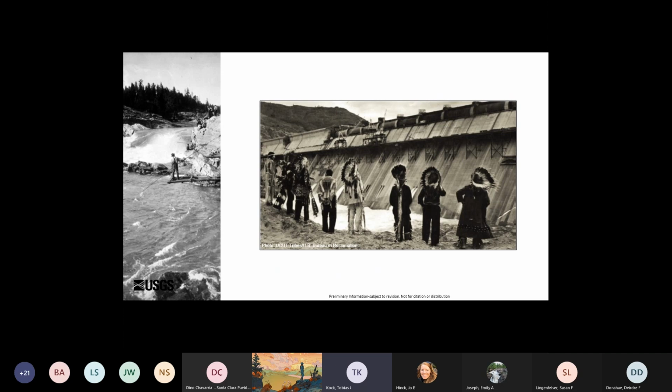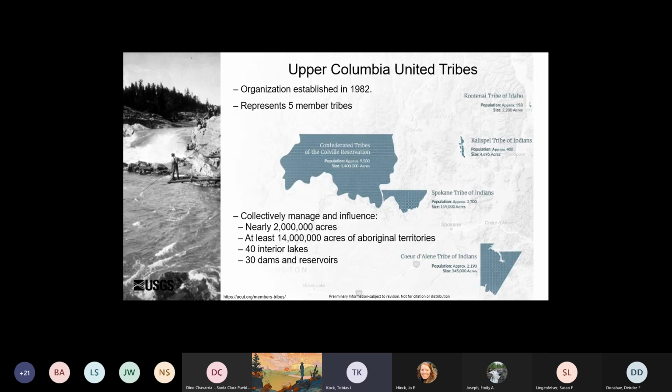I think this says an awful lot about the situation as it existed in 1941 and really as it still exists today. And that's really where my title comes from, more than 8 decades of absence. The salmon and steelhead situation upstream of these projects really hasn't changed in the last 8 decades. And we're just starting to see some of those things change today.